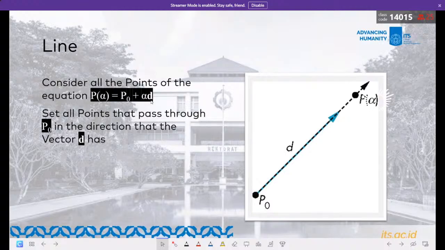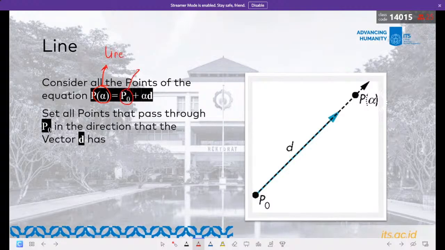plus alpha D. Now, imagine that this P is going to be the line, representing the line.